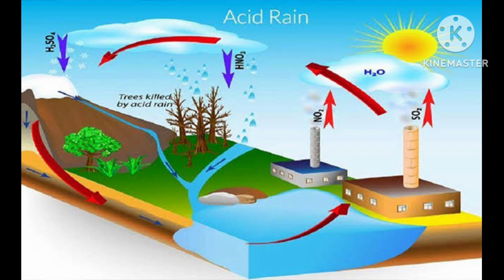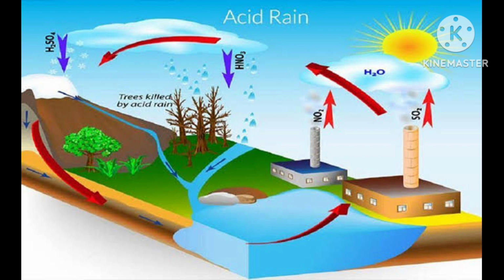Then how does nitrogen reach the atmosphere, how does sulfur reach the atmosphere? The main reason is that there are two sources. First is a natural process. One natural process is during a thunder strike, lightning during the rain.